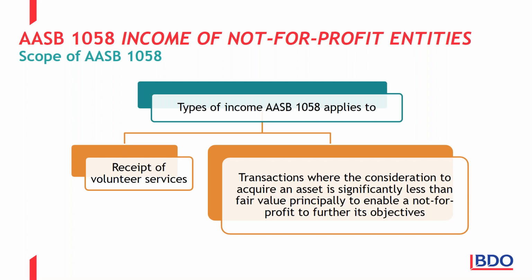The one is for the receipt of volunteer services, and the other is transactions where the consideration to acquire an asset is significantly less than the fair value, principally to enable a not-for-profit to further its objectives. So you've received money, or you've received an asset at less than its fair value. You bought it at a reduced price, and the reason they sell it to you at that reduced price, or the reason they donate the cash to you, is they want you to further your objective. So those are the broad types of transactions within the scope of AASB 1058.